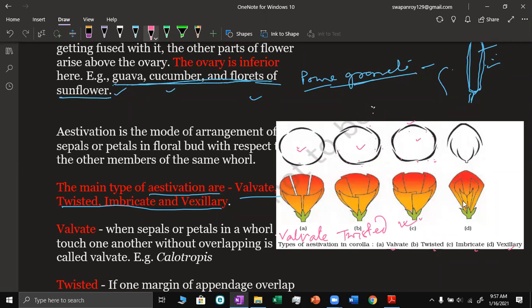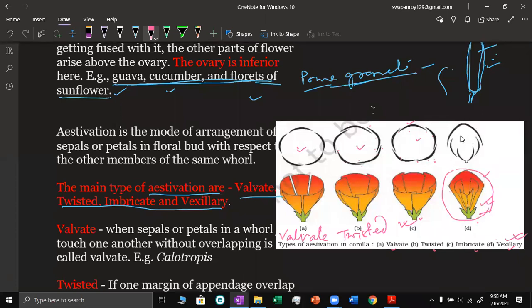The next one is very, very important for you, that is the vexillary. Vexillary type is found in the case of pea. It is found only in the corolla; in the calyx, this type of estivation is not present.